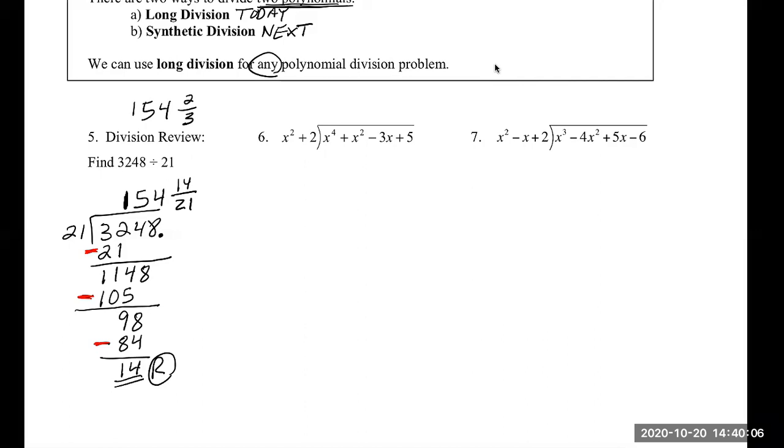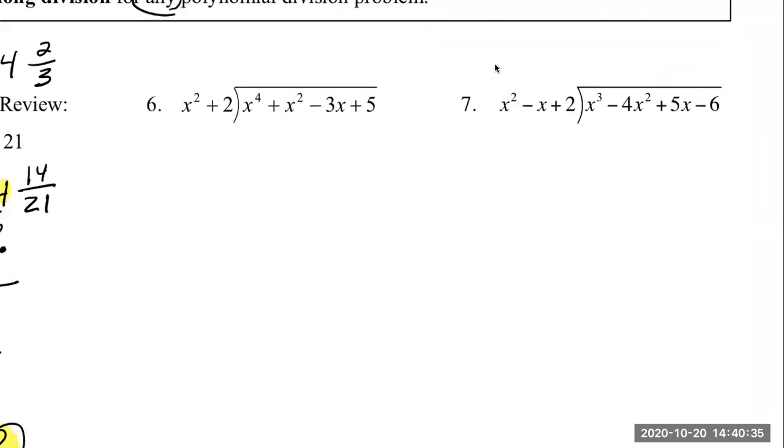The main things I want you to realize is we're subtracting each of these. The last number we get is our remainder, and we put the remainder over what we were dividing by originally, 21. And then each of these numbers that we chose, each of those numbers we multiplied with that 21. So this process for long division is going to be really, really similar to what you've done with long division in the past.